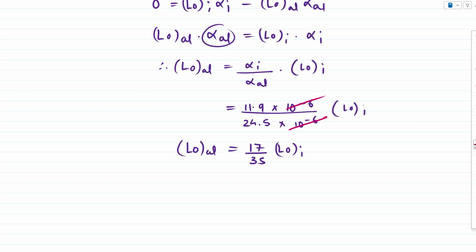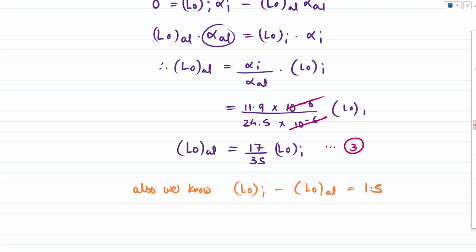Let's mark this as equation number 3. And also, we know, as per the given statement, that L₀ of I minus L₀ of AL is equal to 1.5.